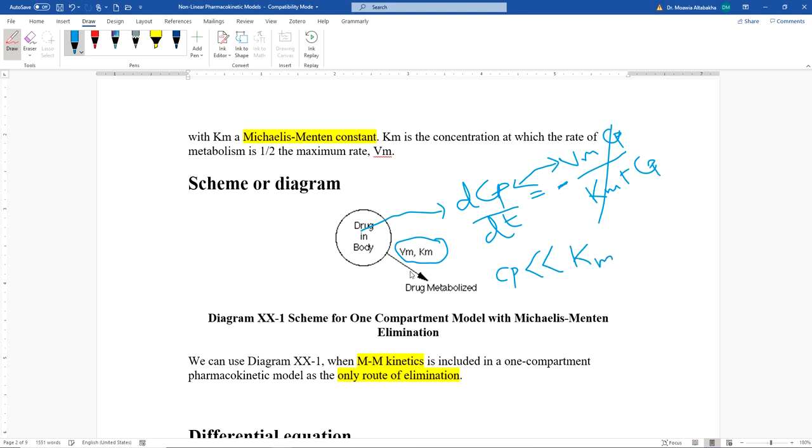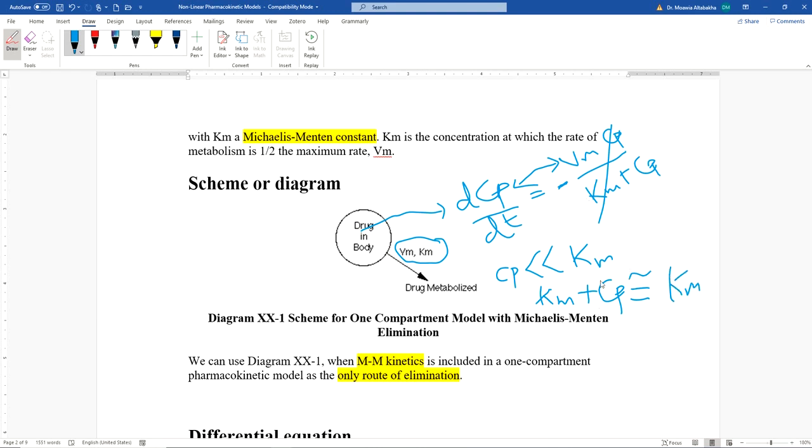Because it's much less than Km, Km plus Cp in the denominator becomes approximately equal to Km.